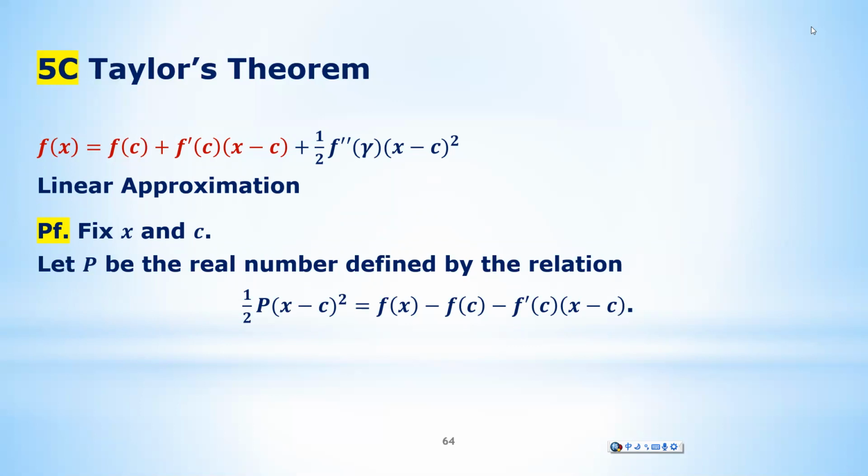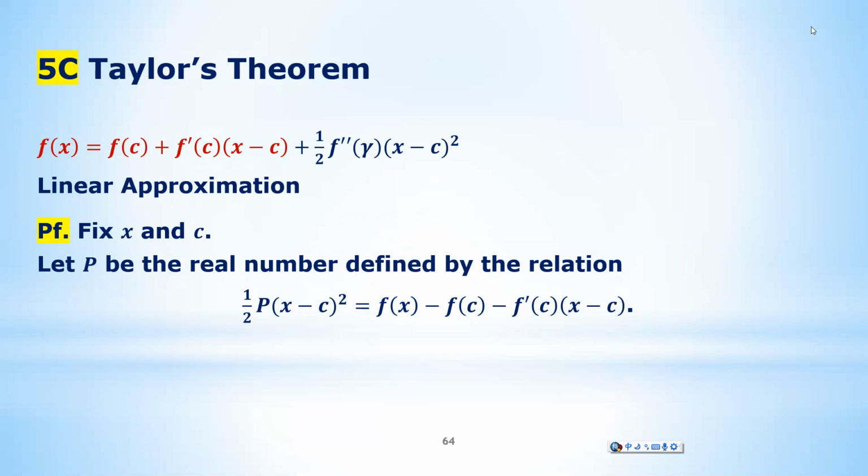But I don't know yet why this gamma exists. However, I can always say that this can be expressed as 1/2 times p times (x minus c) squared.